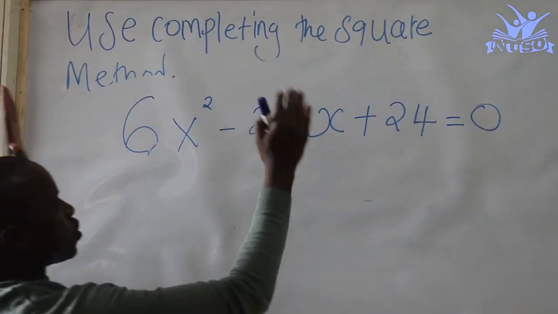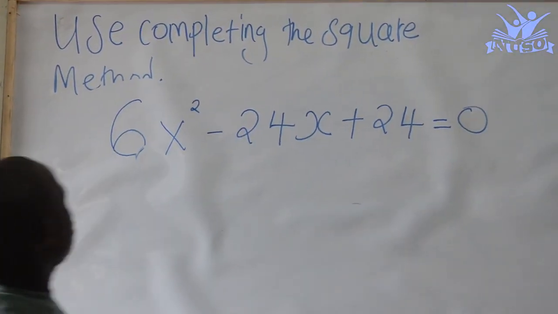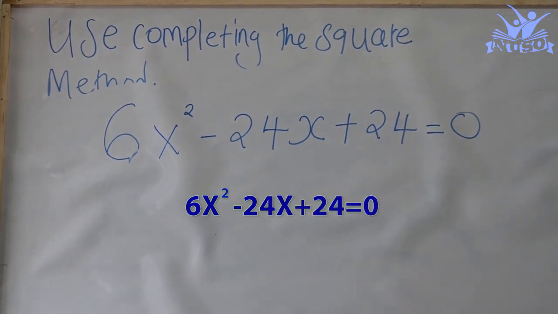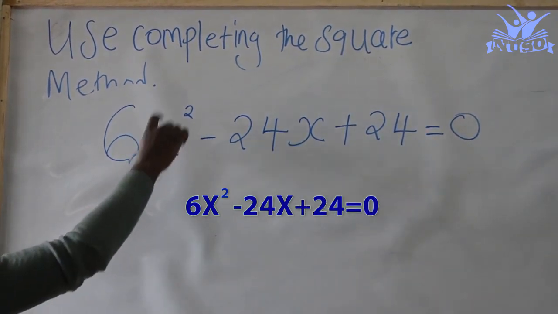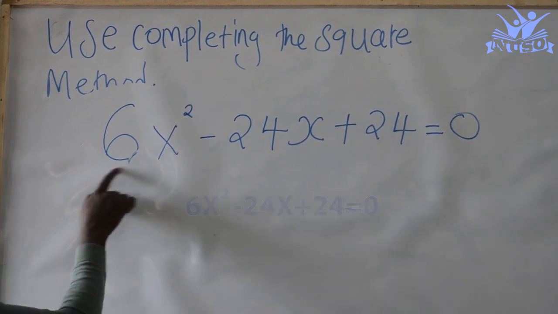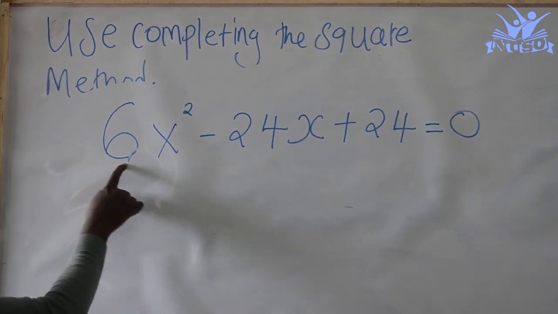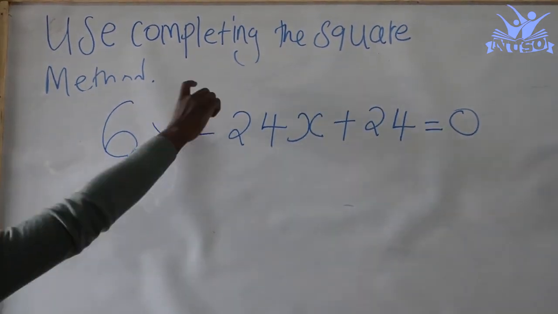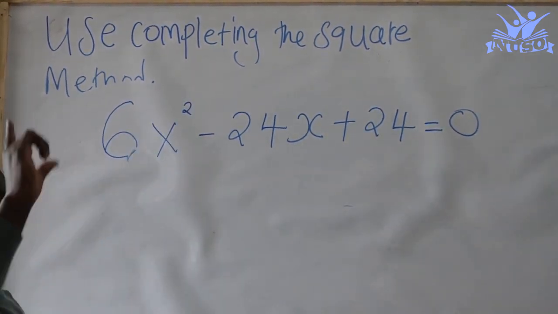We want to solve this quadratic equation using the completing the square method. So what we do, you ensure that the coefficient of x squared is 1. We do not want to work with 6. That's why we're going to divide everything by this 6, so that x squared has a coefficient of 1.